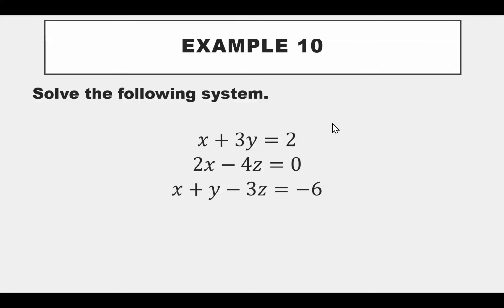Let's try one more example of a system of three equations with three variables. Here, not every variable is present in every equation. If you want to try this on your own, push pause on the video, try this on your own. In a couple of seconds, I'll show you how it's done.